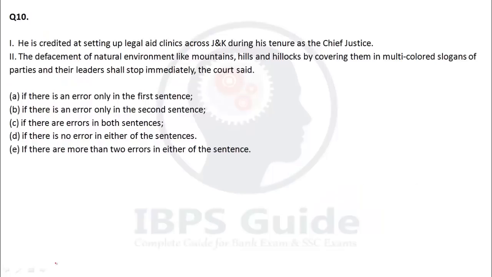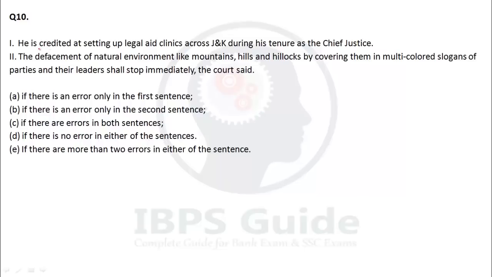Let's move to question number 10. He is credited at setting up legal aid clinics across J&K during his tenure as a Chief Justice. The defacement of natural environment like mountains, hills, hillocks by covering them in multicolored slogans of parties and their leaders shall stop immediately, the court said. अच्छा, अब first sentence, he is credited at setting up.